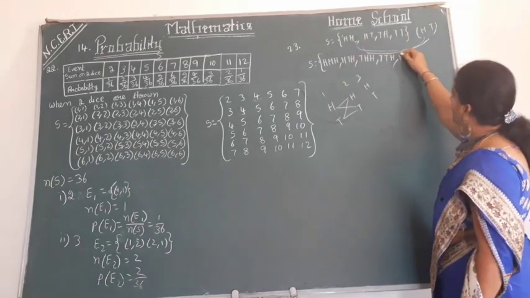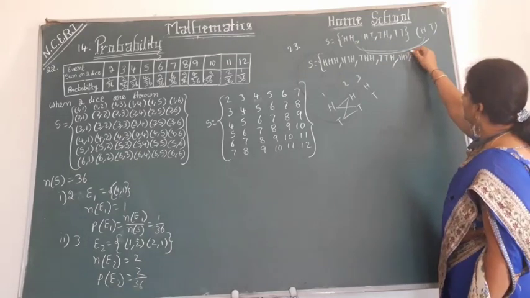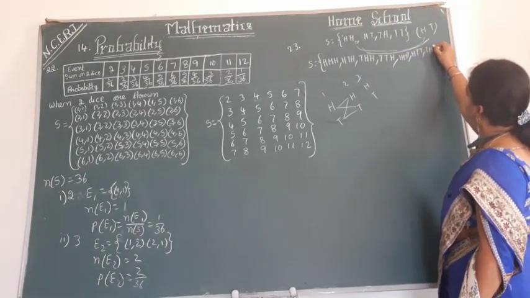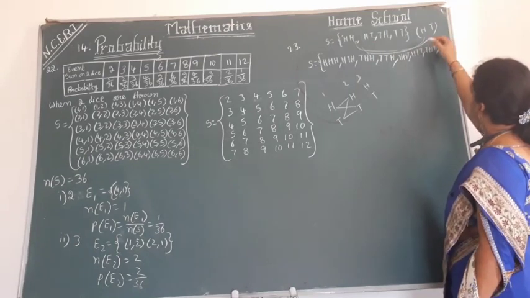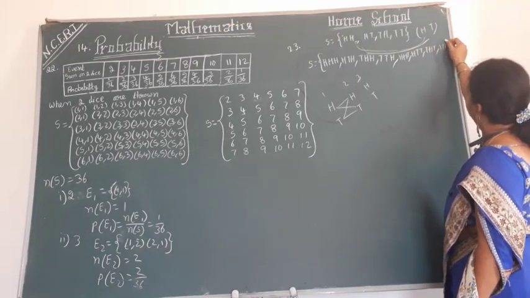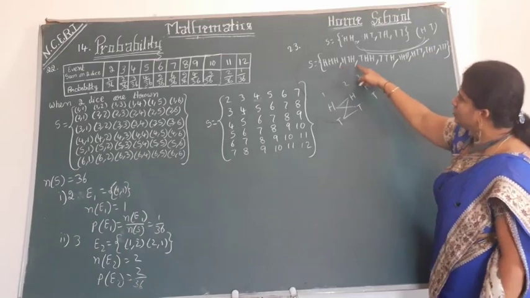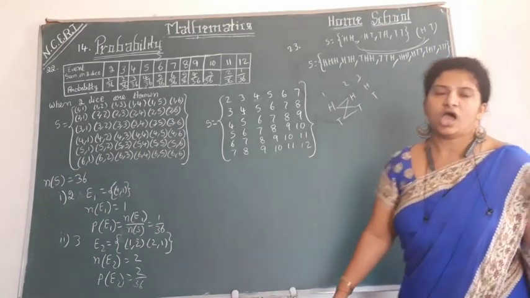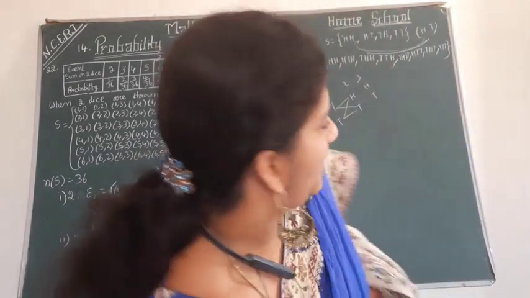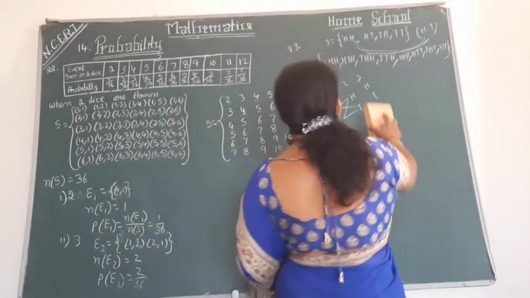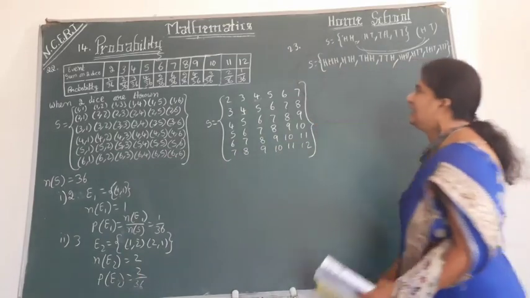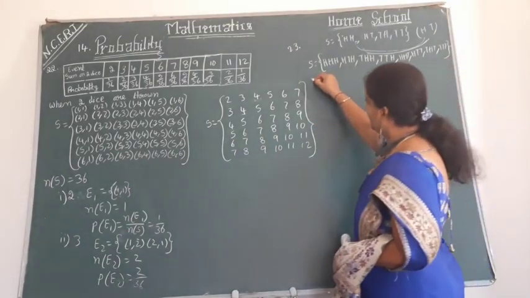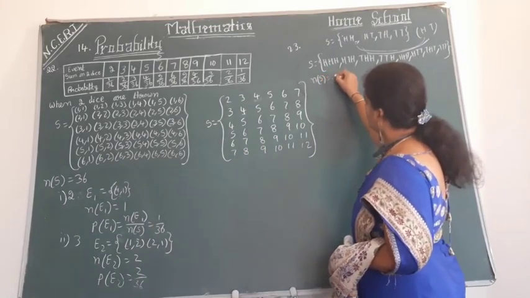Tail. H, T, T, T, H, T, T. That's all. 1, 2, 3, 4, 5, 6, 7, 8. So, how many sample spaces are there if 3 coins are tossed or a coin is tossed 3 times? How many sample spaces do we have here? 8. N of S is equal to 8.